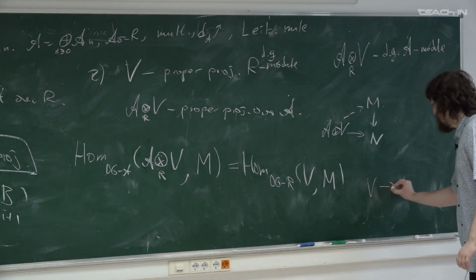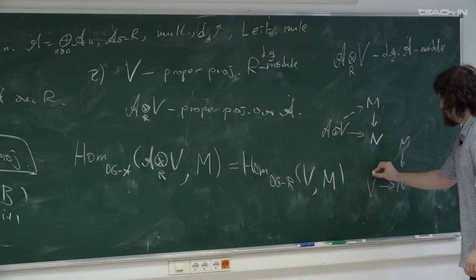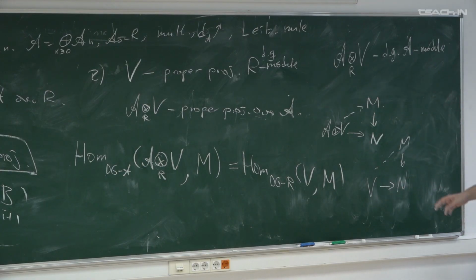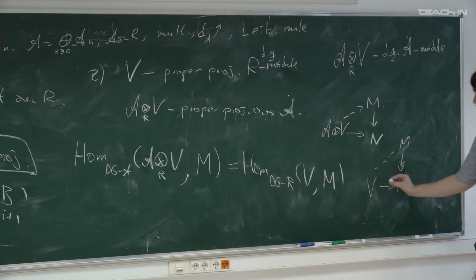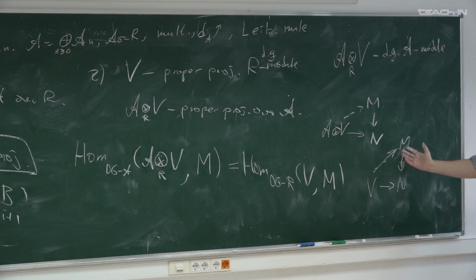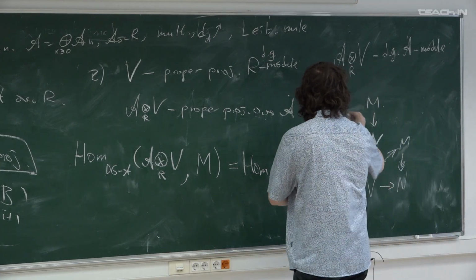So I need to consider this situation, but here it's my previous observation. My property that it's proper does not depend on which ring I consider this map over. It's just an epimorphism on cycles. The differential does not depend on A or R. It's just an epimorphism on cycles. So I have splits, and so I obtain this thing.